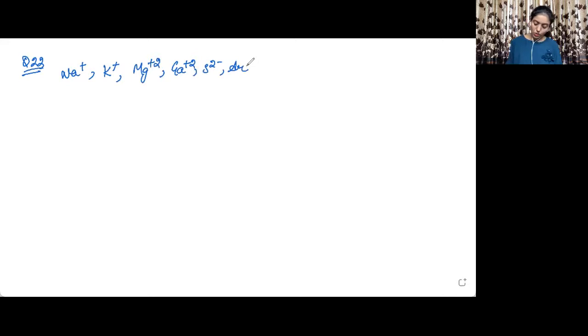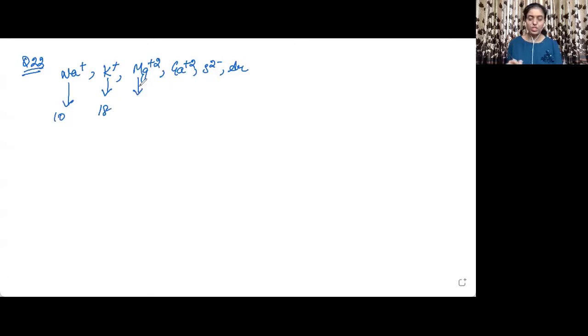All right. What is the atomic number of sodium? It is 11, that is, sodium has 11 electrons. Now, when we remove one electron from it, it will have only 10 electrons. The atomic number of potassium is 19, so it has 19 electrons, but because one has been removed, it is 18 electrons.